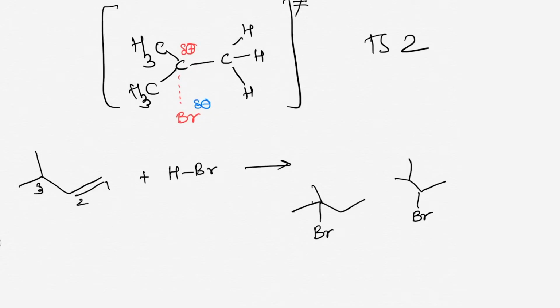So, the bromide gets added on the third carbon. Now, this is really unexpected because we know that the carbocation is formed on the second carbon, the more substituted secondary carbocation. So, why is this happening? Why is this particular compound going to be my major product, whereas the other one will be my minor product instead?